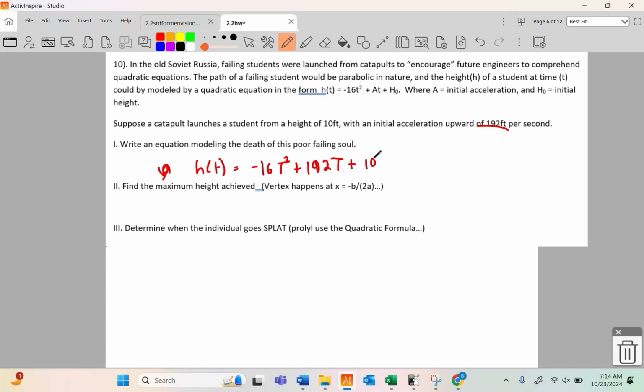This gives me the time, not the height, but the time of maximum height is going to be opposite b over 2a, which is going to be negative 192 over twice a negative 16. And I believe that's 6. Yeah, it is. So 6 seconds. Now, if I actually want to know the height, I'm going to find the height at 6 seconds by taking that 6 and plugging it in.